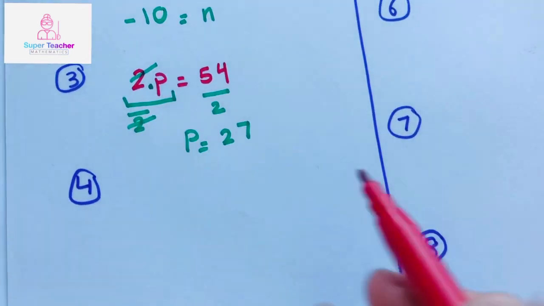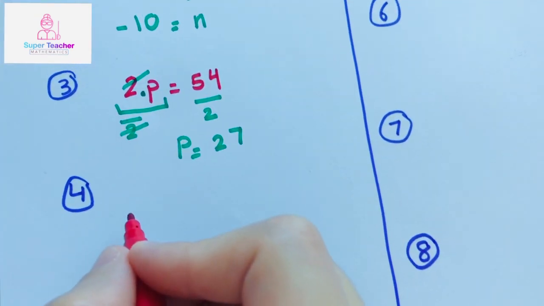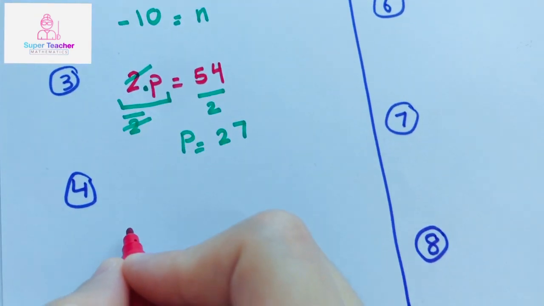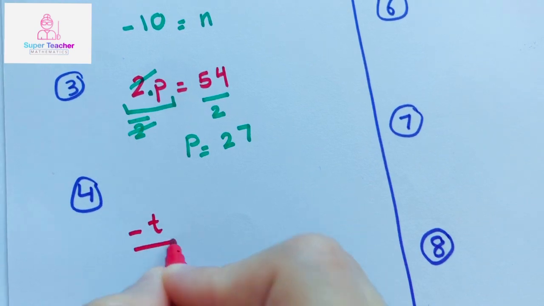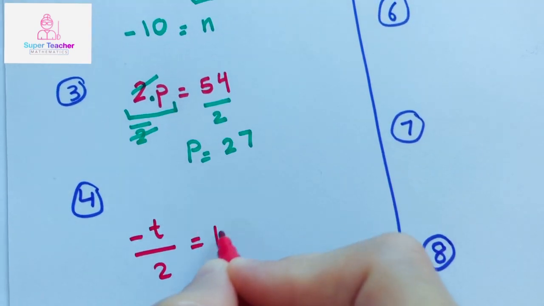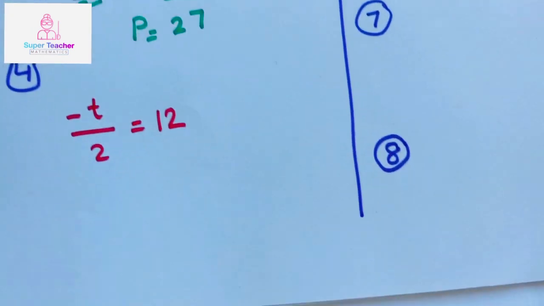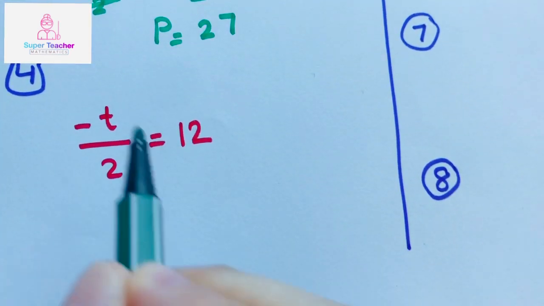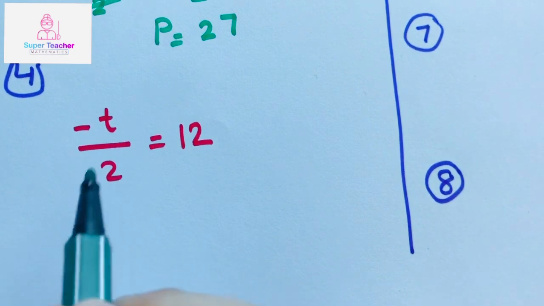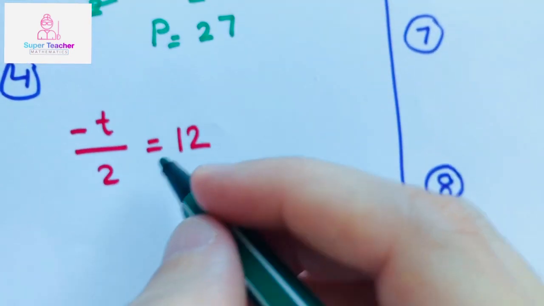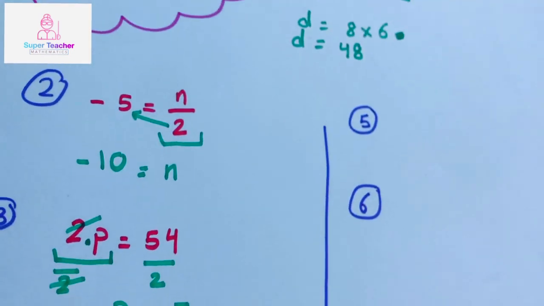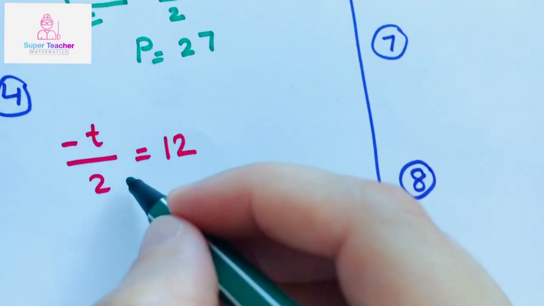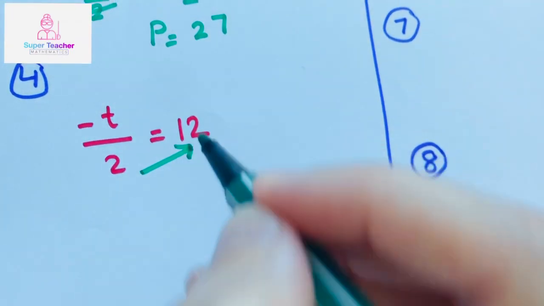Now, question 4. Let's do negative t over 2 equals 12. Here on the left side we have negative t and we have divide by 2. Same thing as question 1 and question 2. I'm going to multiply these numbers together.